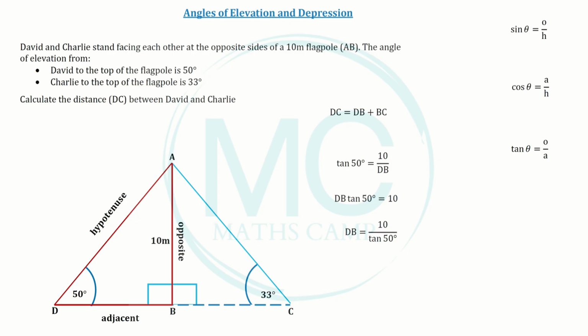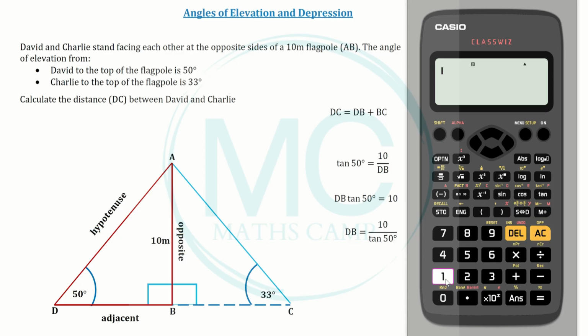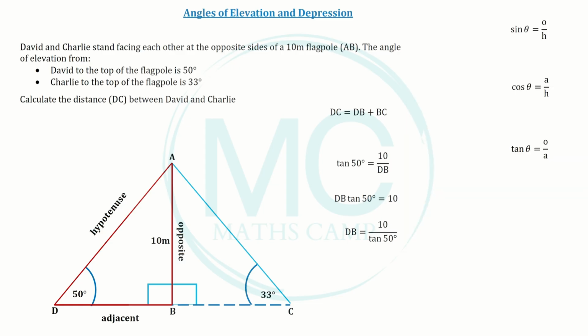And now we can take our calculator, and we say 10 divided by tan 50 degrees, close our bracket, is equal to 8,39. We can make a note of this over here. It is the length of dB.